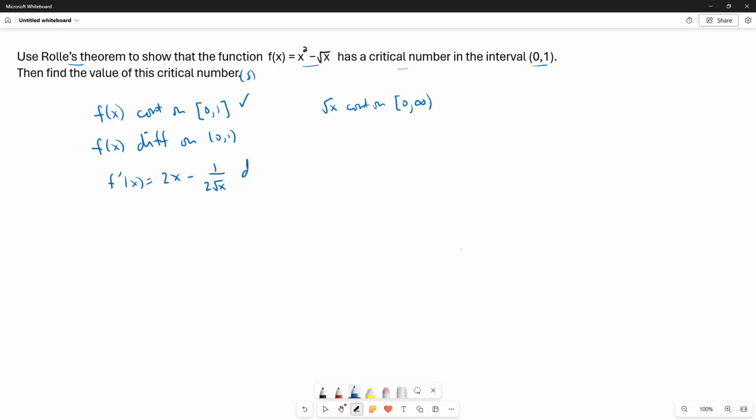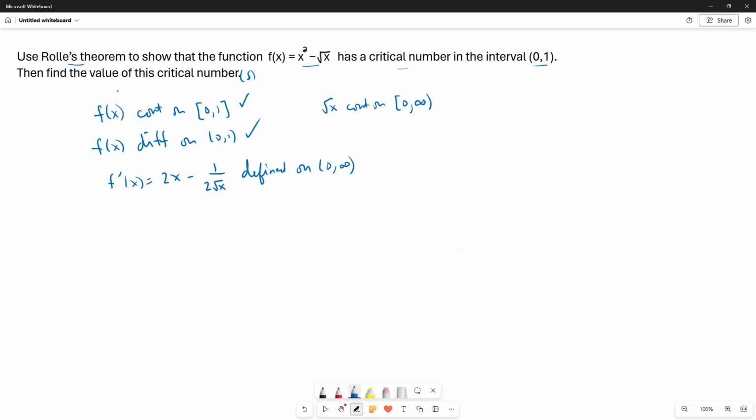So this function is defined on 0 to infinity, meaning that f is differentiable on the interval 0 to infinity, and therefore it is differentiable on the subinterval from 0 to 1.